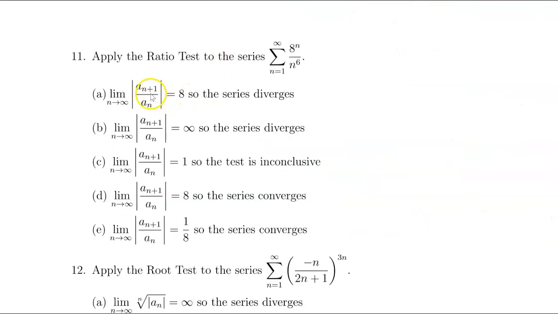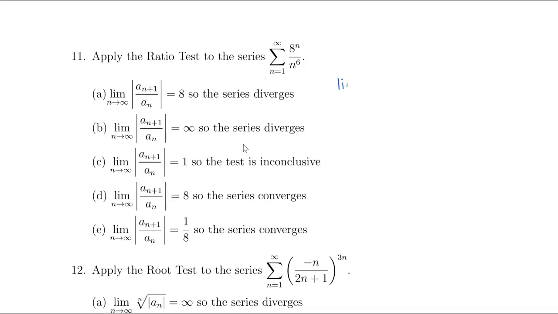Yeah, for number 11, we are asked to use the ratio test. So ratio test is this test here to determine whether the series is convergent or divergent, or inconclusive. So you look at the conditions for ratio test. Okay, so to do that, let's set up our expression.